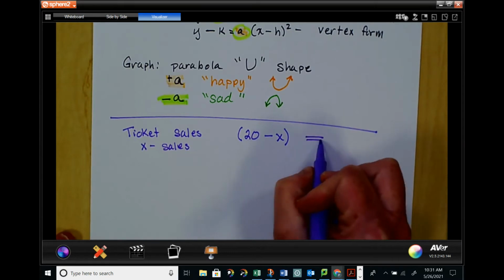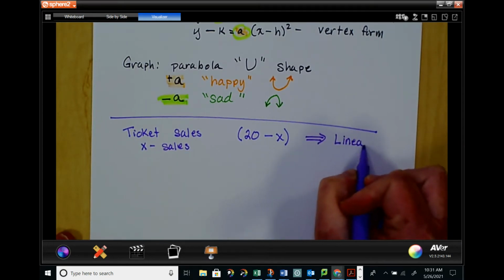This part is what we consider to be a linear function.